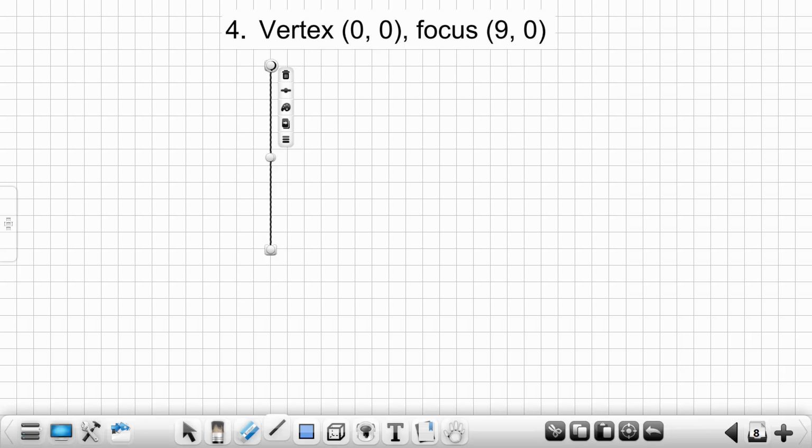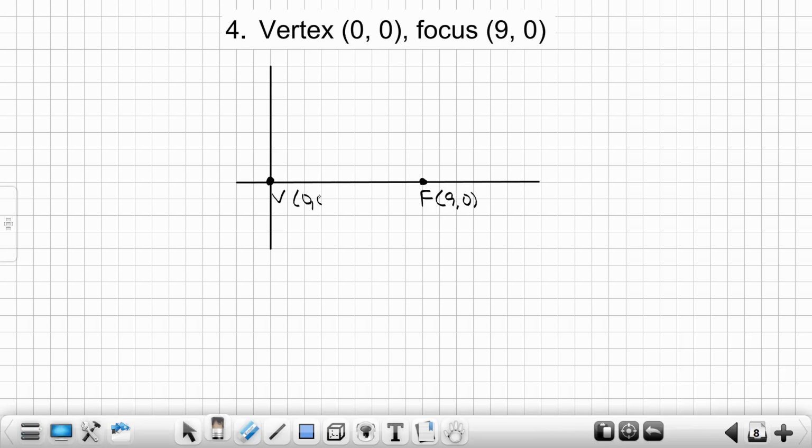Seems rather excessive. It's going to be opening, Gabriella, what direction? Opening to the right. I said you guys are going to do 5. But I'm doing 4 right now.